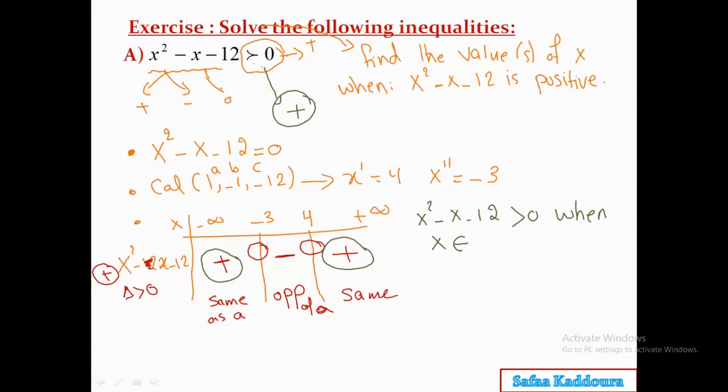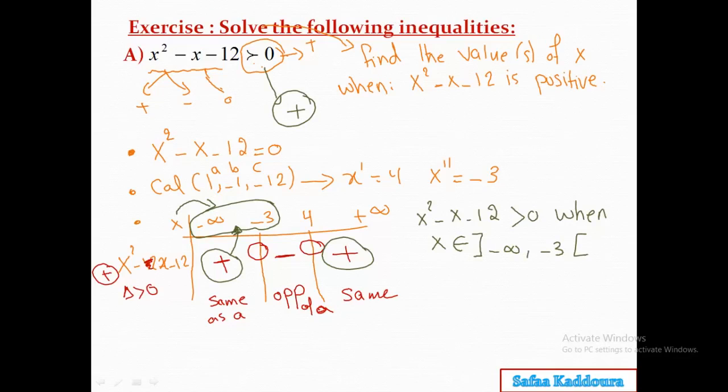The first interval is from minus infinity to minus 3. Look, the first plus is here. So x is from minus infinity to minus 3. So we will write the first plus sign as from minus infinity to minus 3.